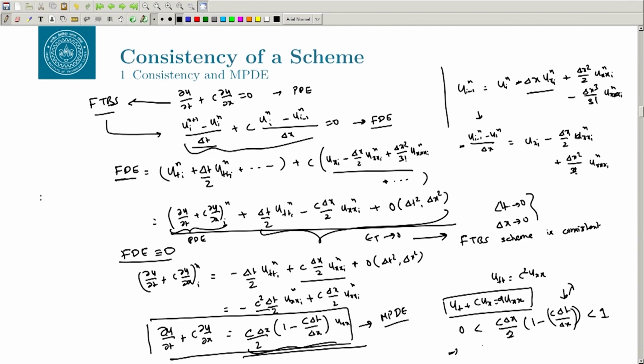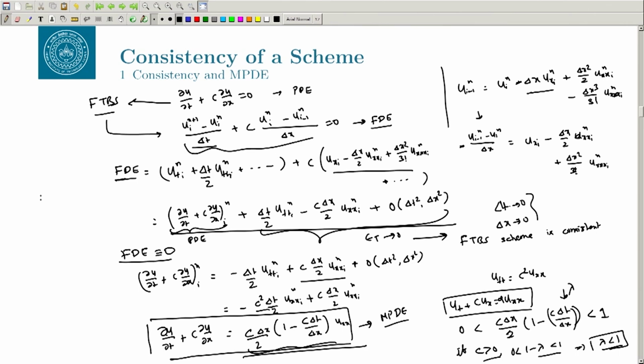So, that is basically if c is positive, then basically 1 minus lambda should be greater than or equal to 0. So, that means lambda should be less than or equal to 1, right.